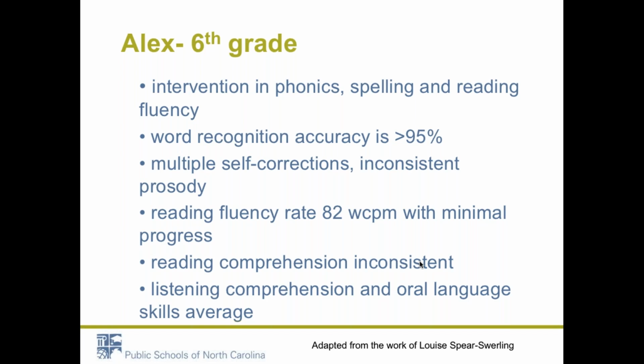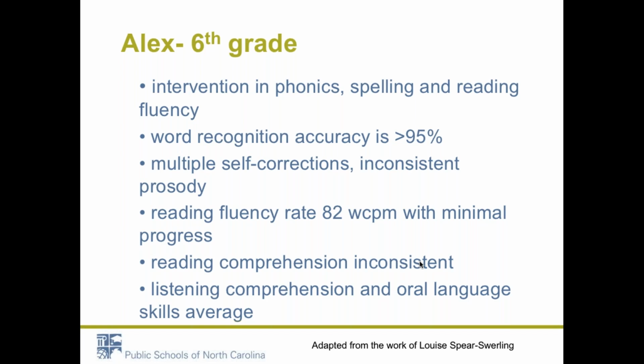So let's take a look at a 6th grade student, Alex. Alex has been receiving supplemental intervention in phonics, spelling, and reading fluency. His word recognition accuracy on grade level passages is at or above 95%.